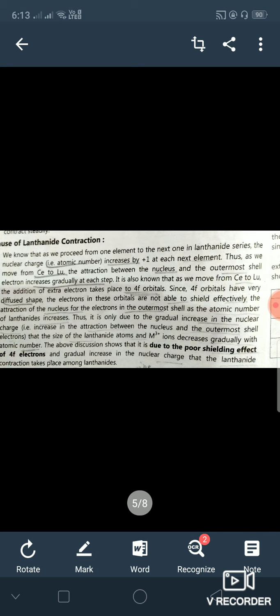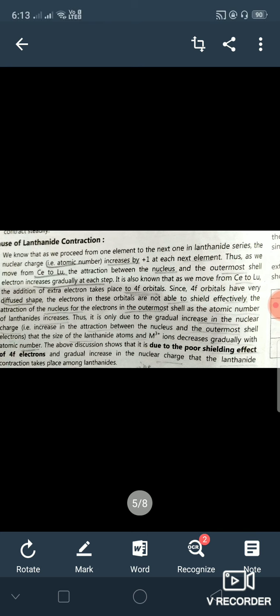Since 4f orbitals have very diffuse shape, the electrons in these orbitals are not able to shield effectively. The attraction of the nucleus for the electrons in the outermost shell increases as the atomic number of lanthanide increases.